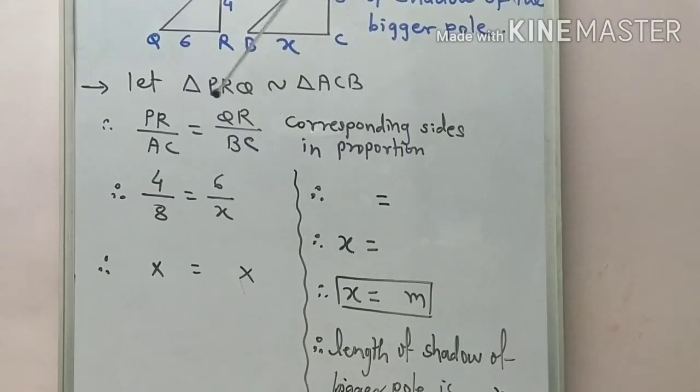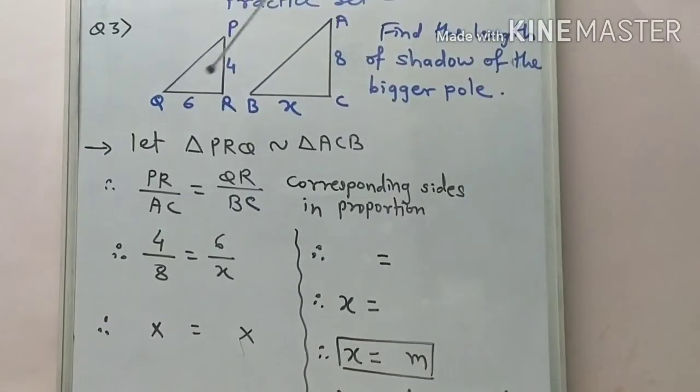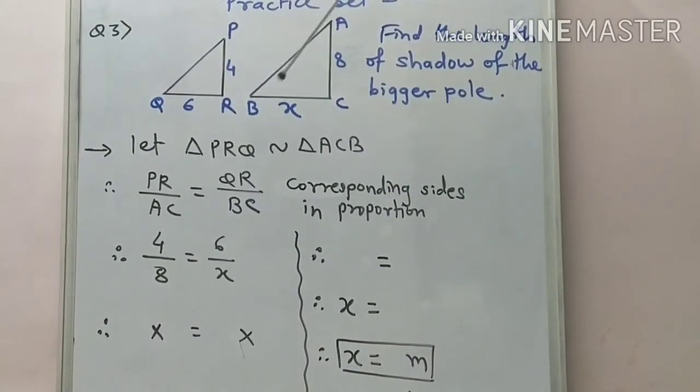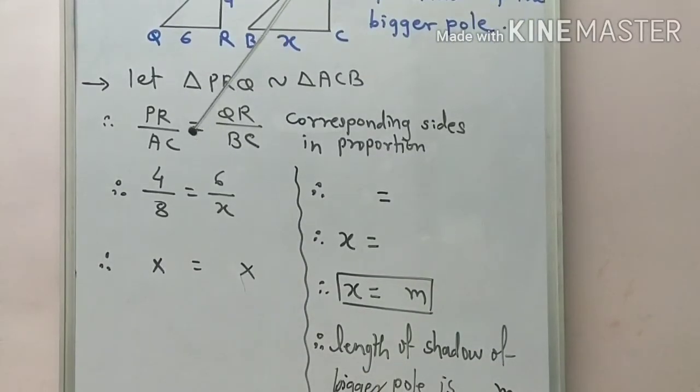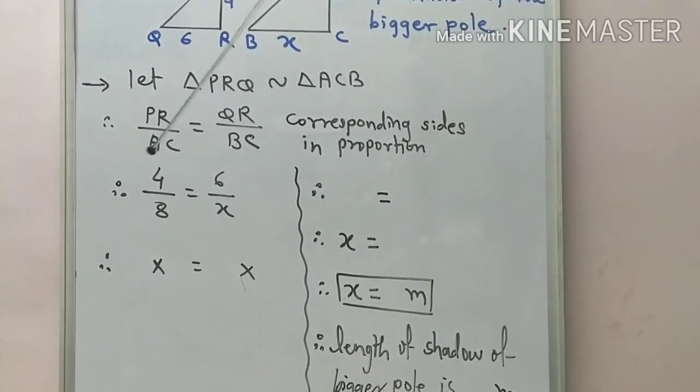The third pair, PQ and AB, we do not require, because we do not need PQ and AB. So we write the corresponding sides which are in proportion, and now we substitute the values here.